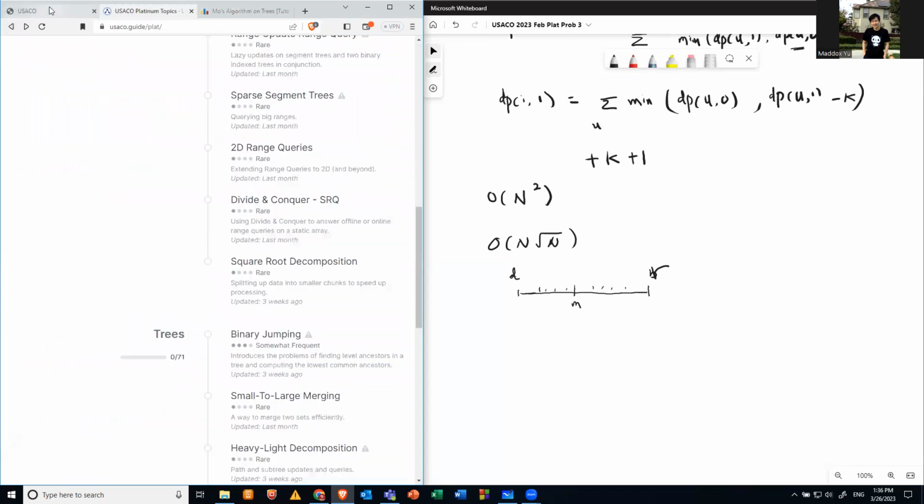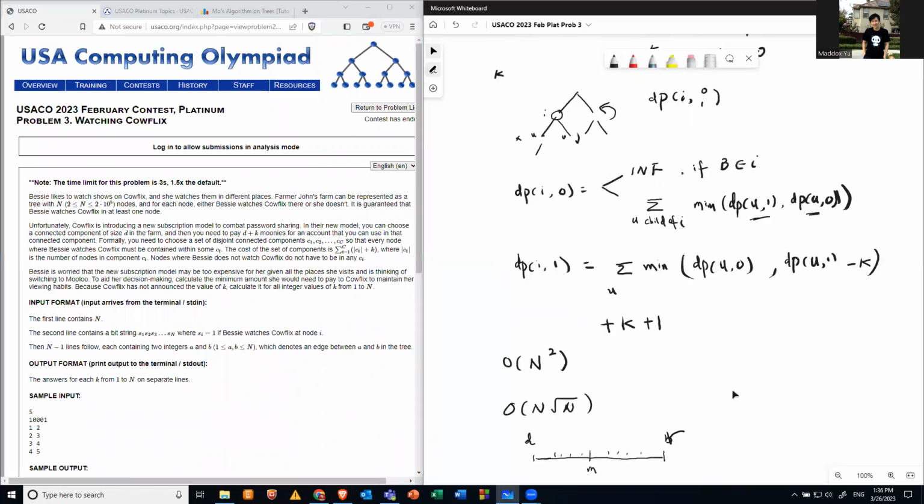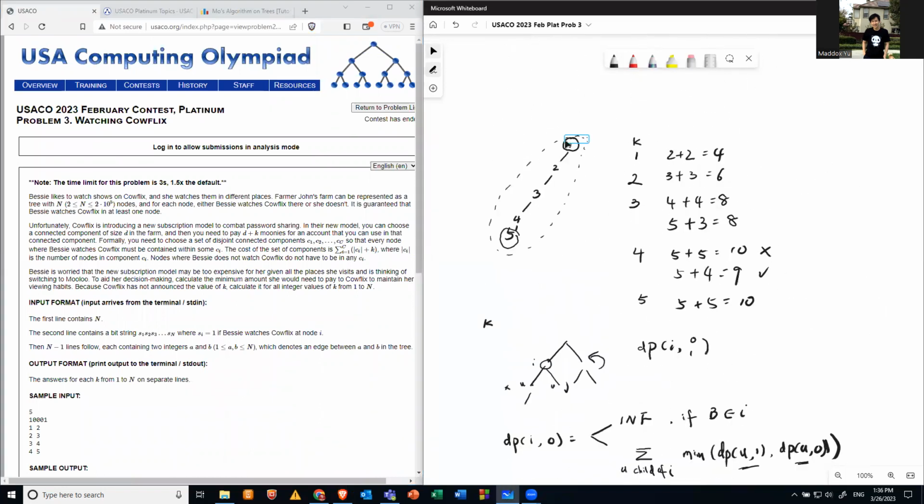Okay, so if you look at this case, the original case here, I started with two disjoint components. When k is 1, obviously you start with that. When k increases, you start to join the components together. At a certain level, from 3, this is where you can start to join two components together, right?